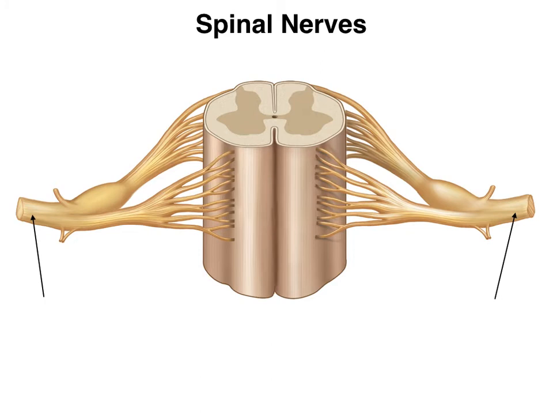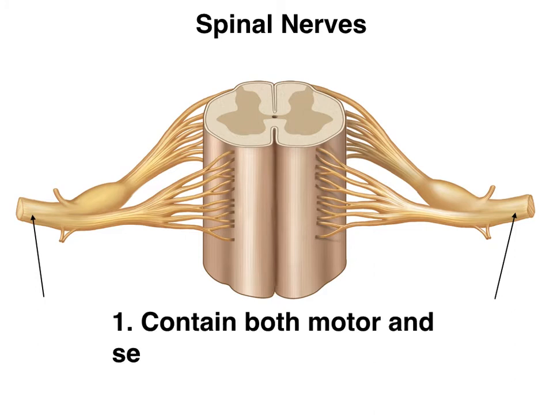So all of that stuff combines, and it's one all-purpose nerve which contains both motor and sensory signals together. And it's this combination of motor and sensory signals that has to come out of the vertebral column as spinal nerves.